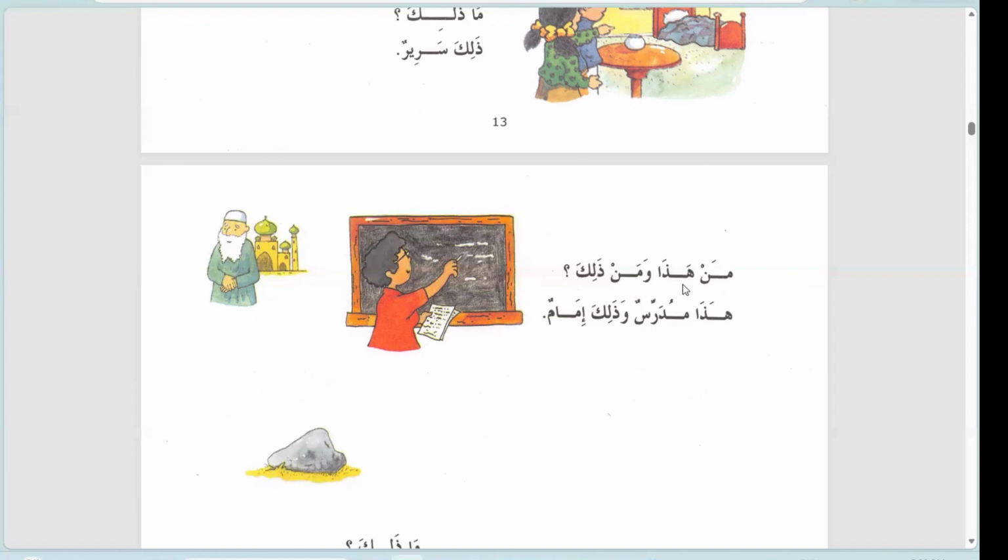So who is this and who is that? هذا مدرس. This is a teacher. وذلك إمام, and that is an imam. He's standing in front of the mosque, so he leads the prayer.